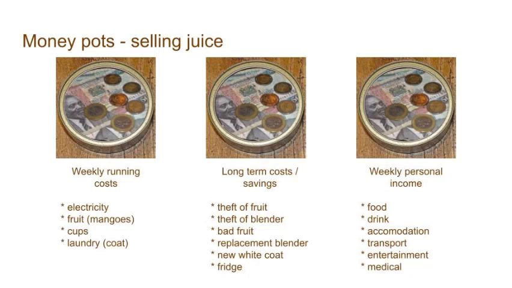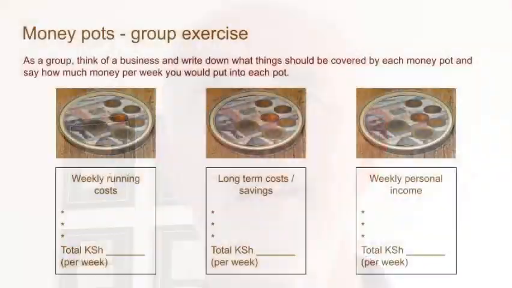So let's have a look at a couple of exercises. So our first exercise is a group exercise, and for this I want you to think about a business that you're going to base this exercise on, and then for that business write down what things should be covered by each money pot and say how much per week you would put into each money pot.